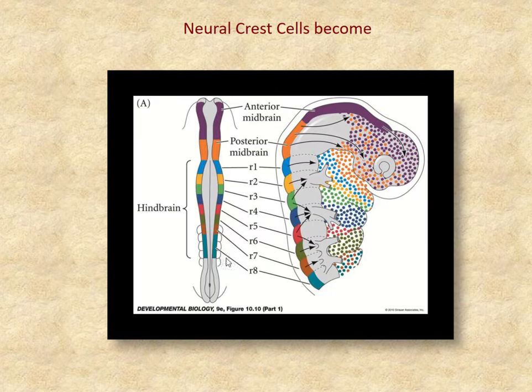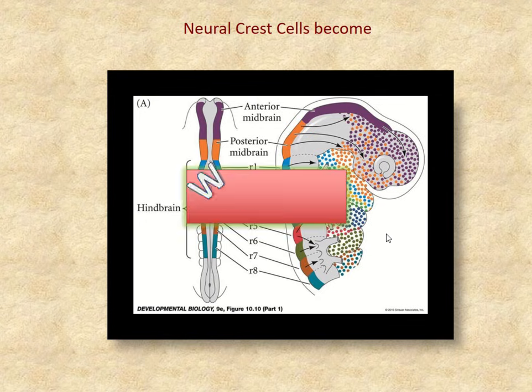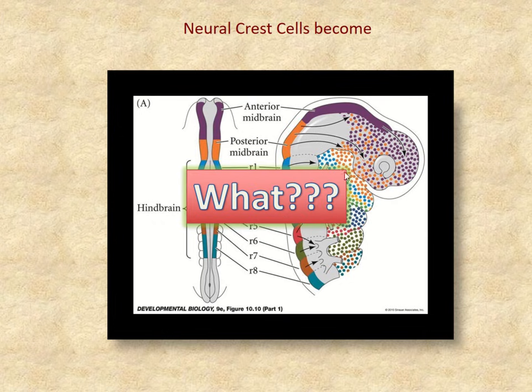Now, in the head and neck, neural crest cells can essentially become almost anything, including connective tissue. So I'm going to break this up with a silly little animation, because I just said that in the head and neck, neural crest cells can become anything, even connective tissue. Usually connective tissue comes from mesenchyme, oftentimes mesodermally derived mesenchyme, but in the head and neck, the mesenchyme can be derived from neural crest cells.